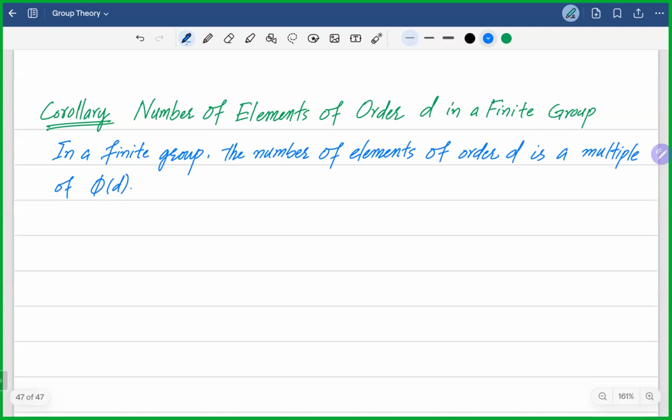That's also something which we should think of.